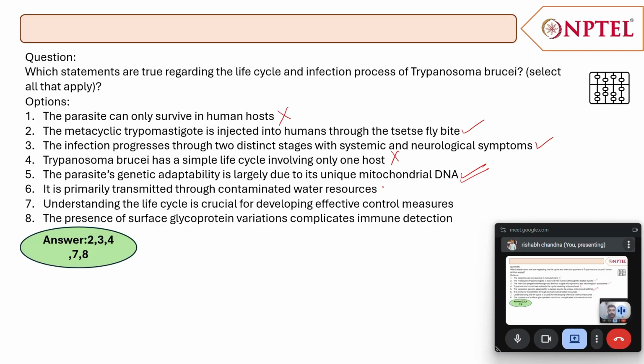No, this is false. Understanding the life cycle is crucial for developing effective control measures. Yes, this is correct. The presence of surface glycoprotein variation complicates immune detection. Yes, this is also correct. So the correct options are 2, 3, 5, 7, and 8. Okay. So let's move on to the next question.